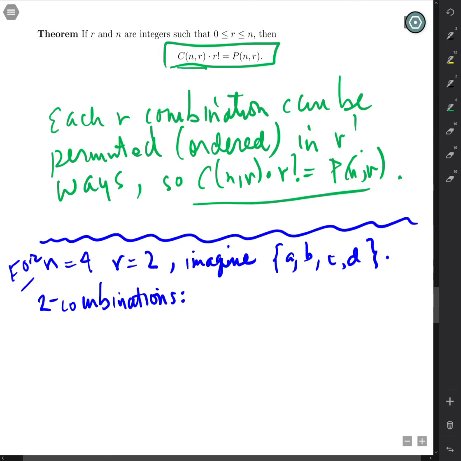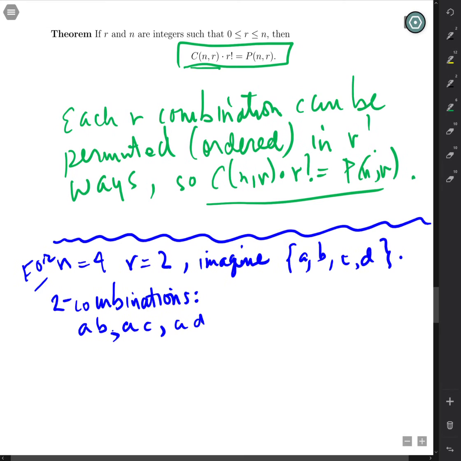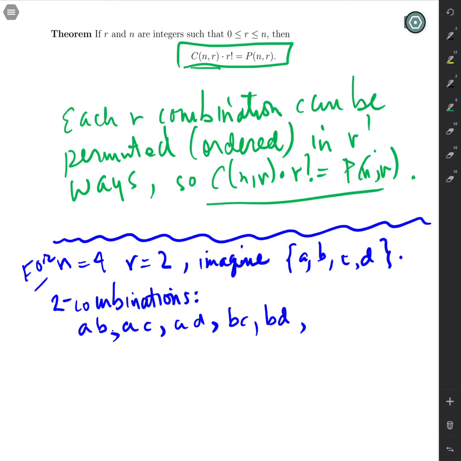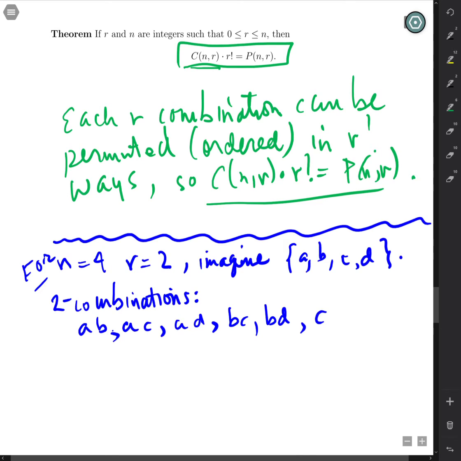They would be AB, AC, AD. Those are the ones that have an A in them. And then those that don't have an A but have a B would be BC, BD, and then the last one would be one that has neither A nor B, and that would just be CD.